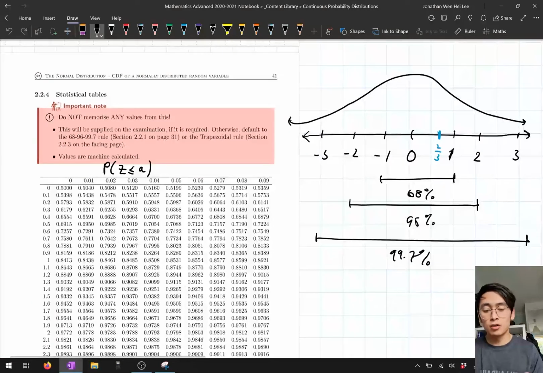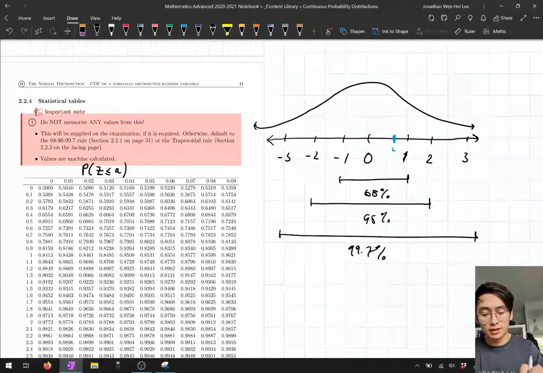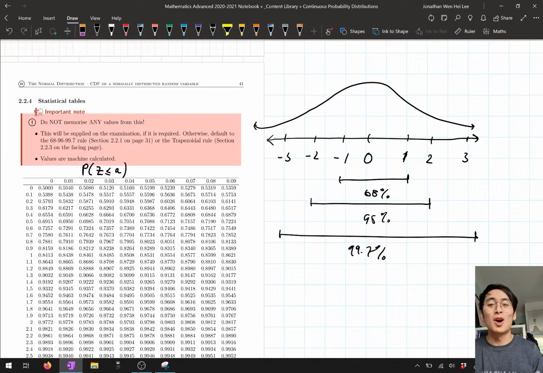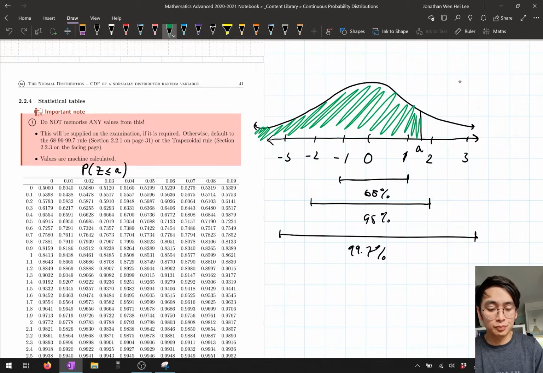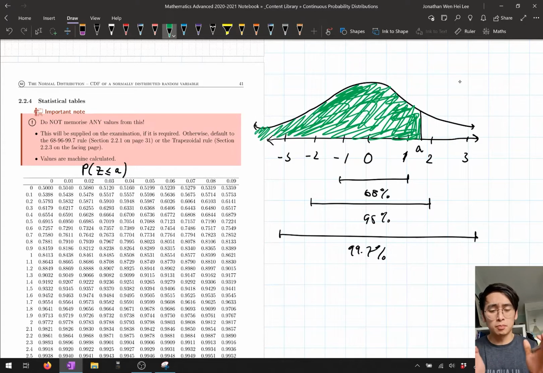On your standardized normal distribution, if I have a value a at any point, let's say it's somewhere around here, what we're looking at is the area under this part here, the whole area to the left of that. So that's what the values on this statistical table tell me: what percentage of scores is less than that particular value?